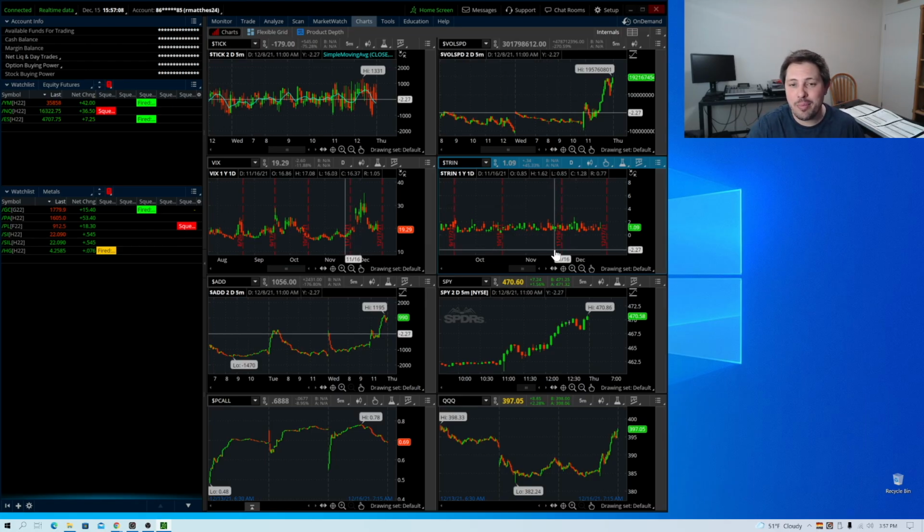And the TRIN can help you see where these high probability scenarios of reversal happen, and we just want to be aware of, again, these market internal indicators and the overall way the market is moving and the strength that it's going to do so, right?